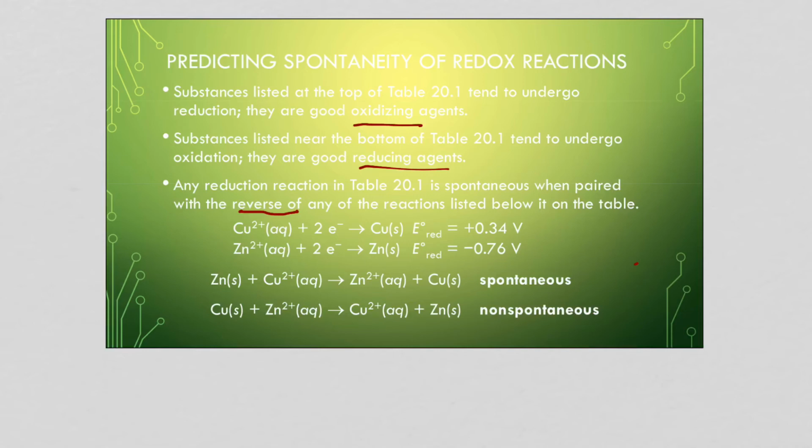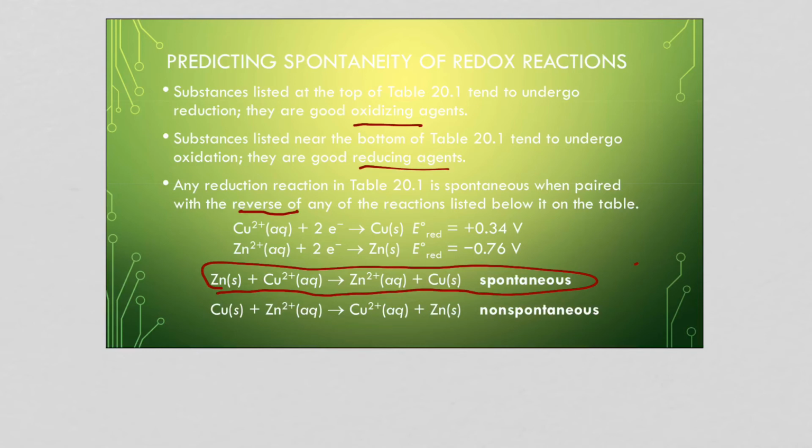Zinc is one of those, but copper paired with almost any other metal, the copper ions are going to undergo reduction, and that metal is going to undergo oxidation to give us our redox reaction. So this would be our reaction that would occur: zinc undergoing oxidation, copper undergoing reduction.